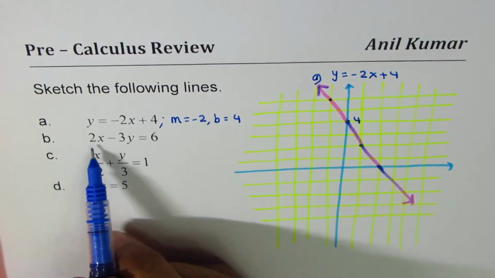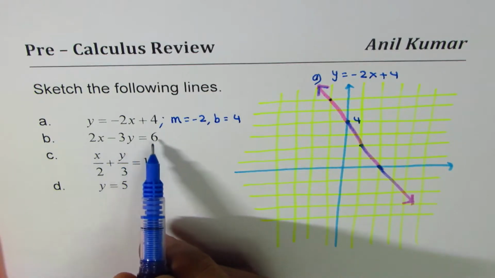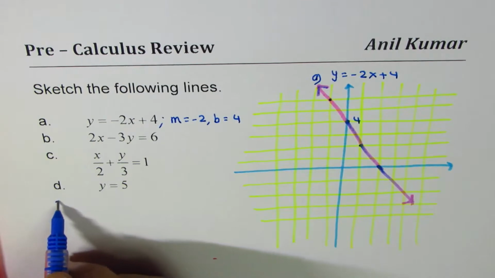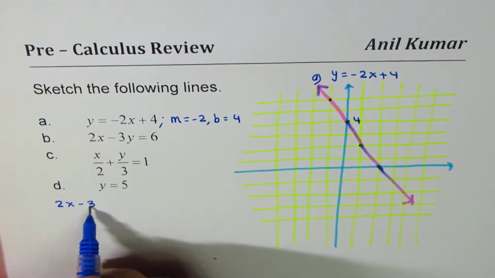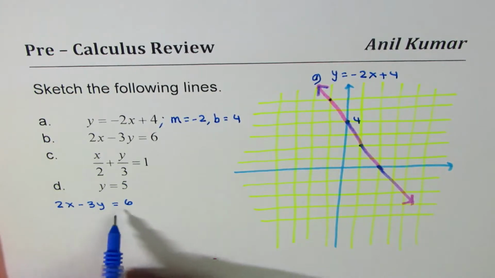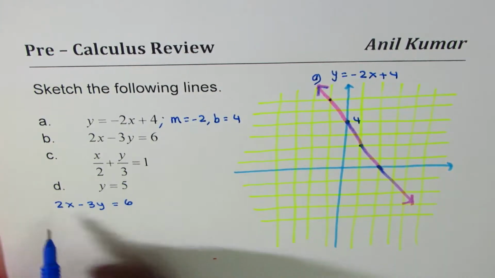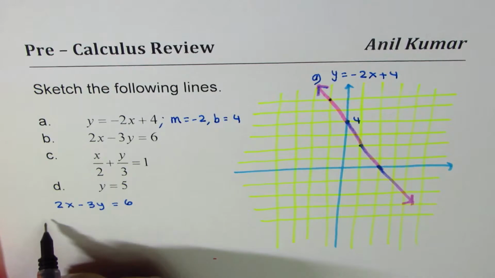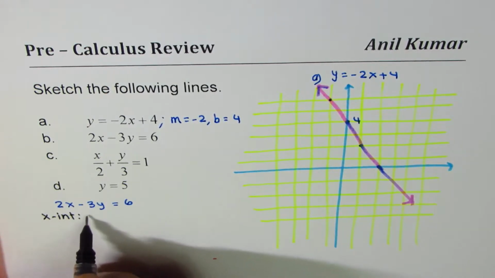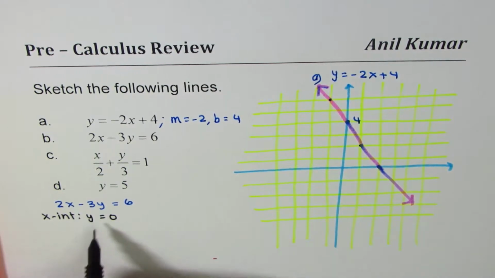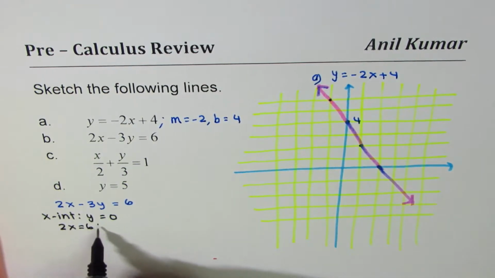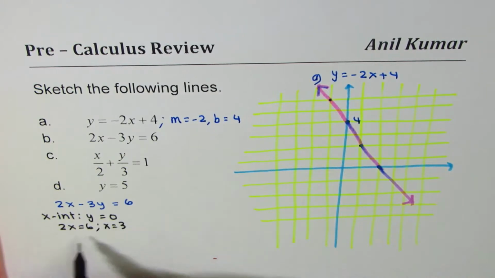Now for B, we have 2x minus 3y equals 6. Let me do some work here to sketch this line. We can find x and y intercepts, right? So let's find the x-intercept. X-intercept is when y equals 0. If I put y as 0, I get 2x equals 6, or x equals 3, correct?